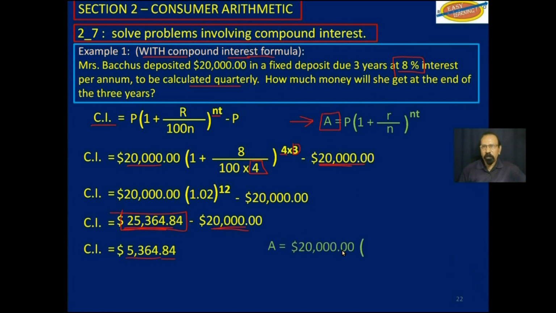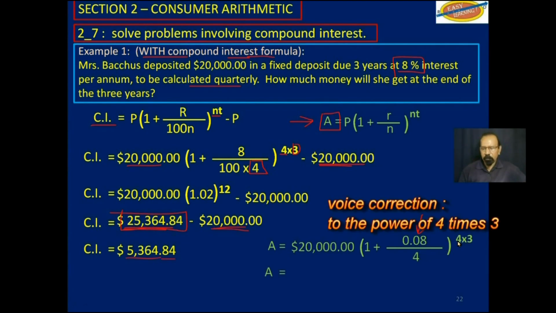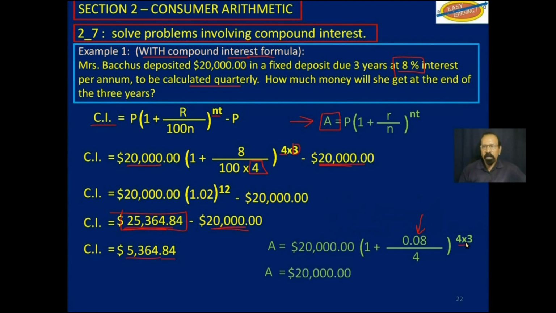Amount is equal to principal times (1 plus r). Now, this r here is the rate of interest as a decimal, over 4, multiplied by 4 times 3. And so we get 20,000 multiplied by this factor here, 1.02 to the 12th power. And we get the amount here, which is actually that same amount there.